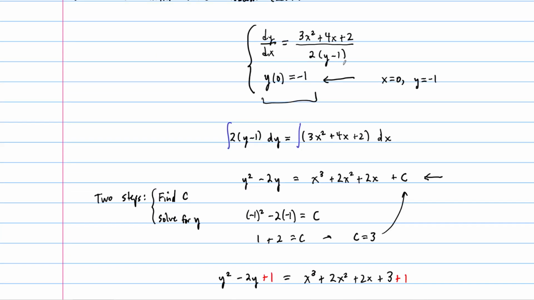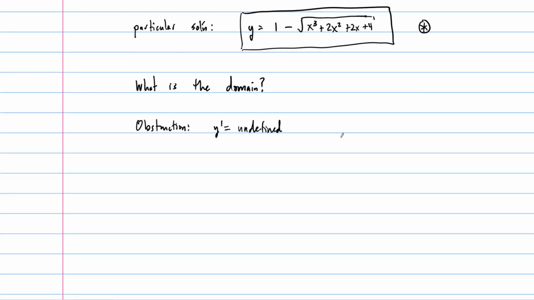So the derivative will become undefined if y equals 1. So this happens when y equals 1. And based on this, this will be 1. So 1 equals 1 minus the square root of x cubed plus 2x squared plus 2x plus 4.